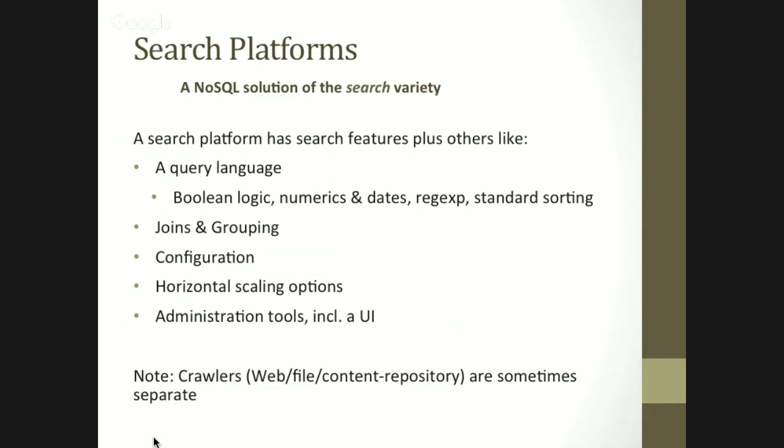So search platforms are in the bigger picture of information retrieval. It's a database. It's not a SQL database, obviously, even though it recently added a SQL feature in Solr 6. I'd say it's in the NoSQL space of a search variety.